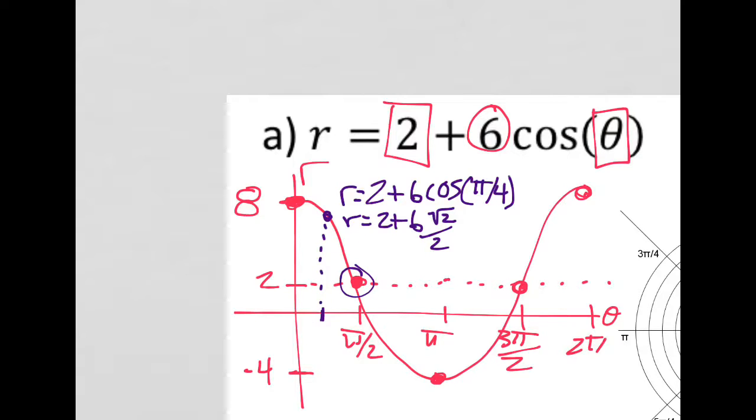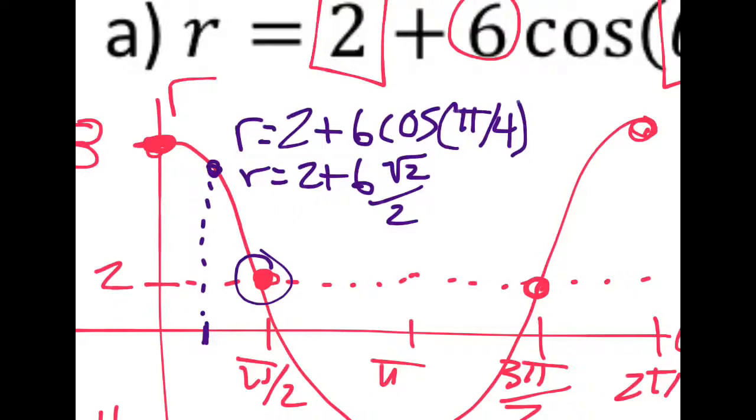It doesn't make a difference, you just need to input the correct angle value. Because if you type in 2 plus 6 cosine pi over 4 and you're in degree mode, you're going to get 7.999, almost 8. And then your graph is going to be incorrect, because that value is actually 6.24. So we're about 6 1/4 there at that spot, 6.24.